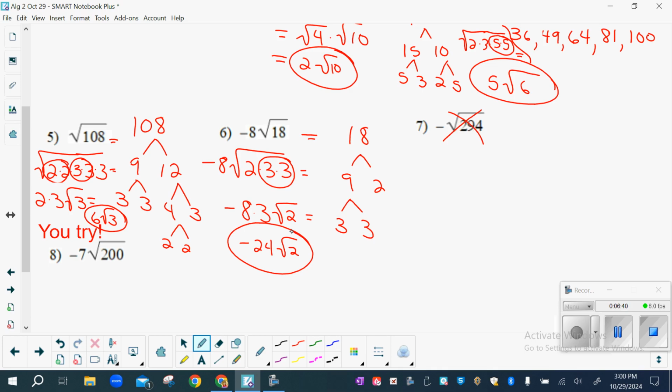You put 200. Oh, 40 and 10. That is not a square root.